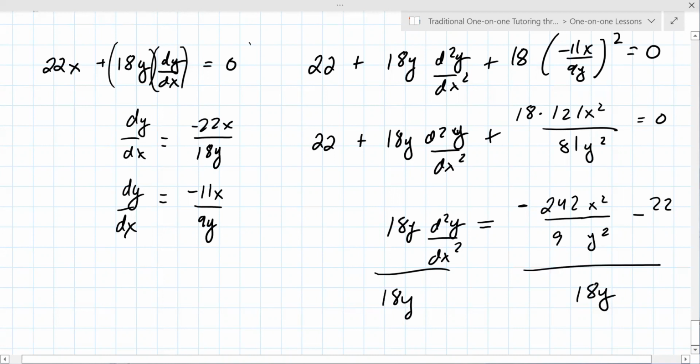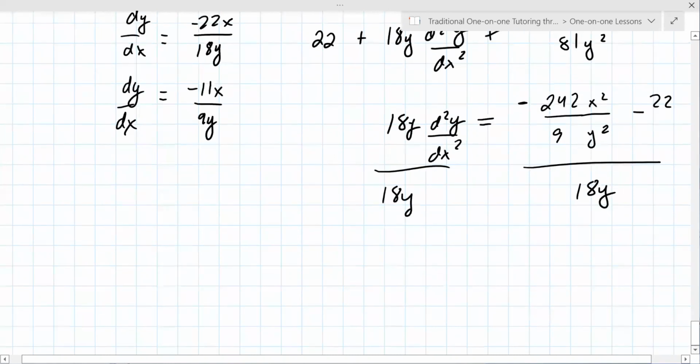And then it's a question of how much simplifying you need to do to get it into the right answer. So let me manipulate this a little bit. So this becomes minus 121 over 81 times x squared over y cubed.